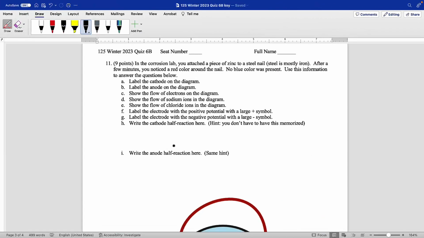So let's go ahead and write that as our cathode reaction. Okay, so we've got 4 oxygen atoms, we've got 4 hydrogen atoms, and if we look at the left-hand side and right-hand side, they both are -4, so it looks like that half reaction is balanced. And this is going to react with the phenolphthalein to make our red color.